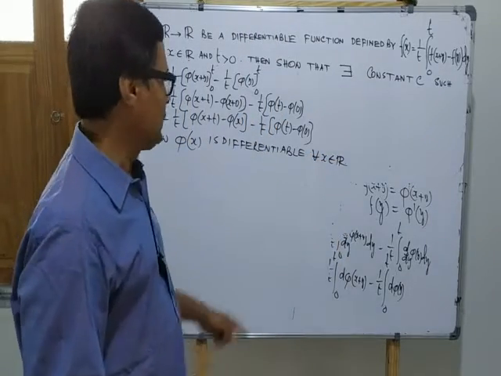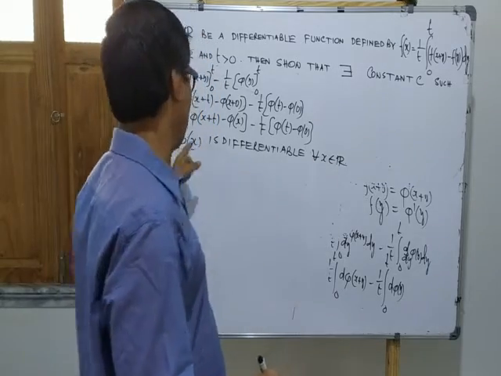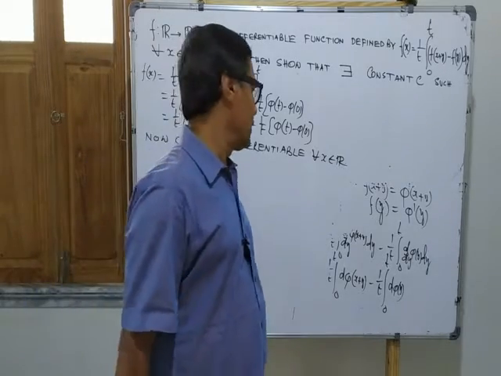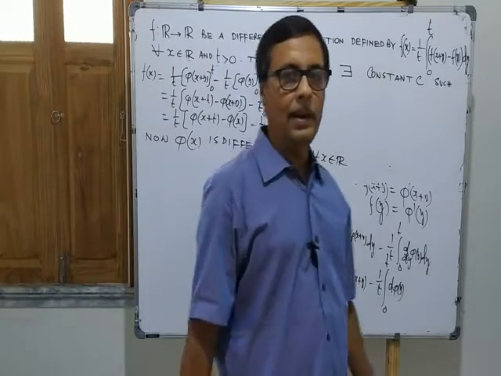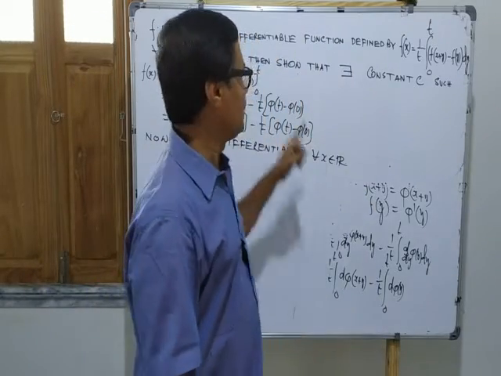For all x in the set of real numbers, phi(x) is differentiable because we have taken phi(x) as the antiderivative of the function f(x).